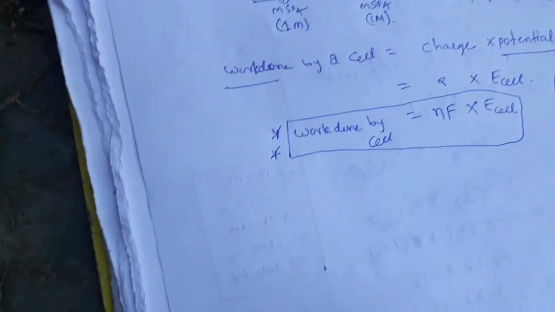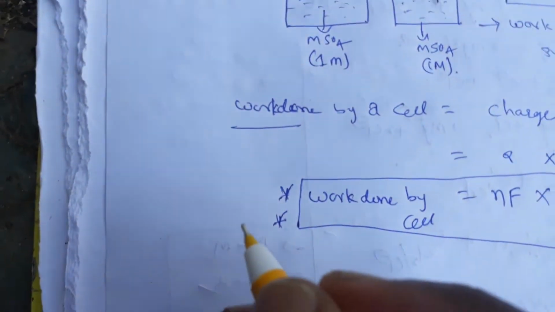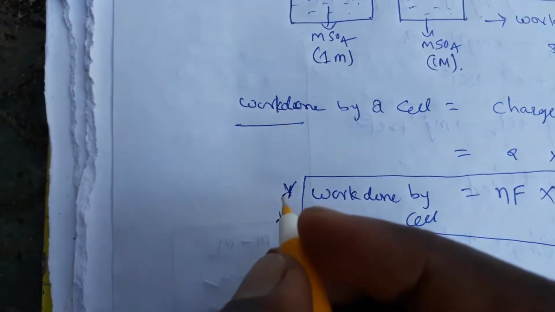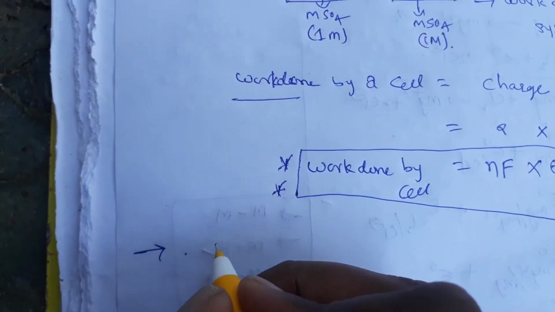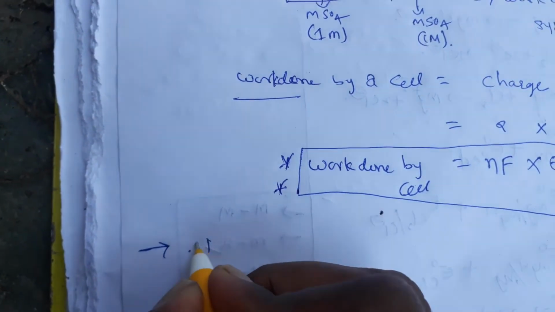But due to the spontaneous reaction here, the cell is doing work, that is, producing current. So there is a decrease in Gibbs free energy.